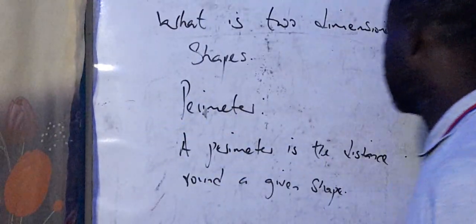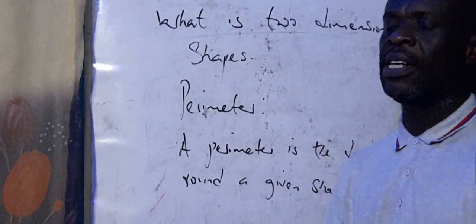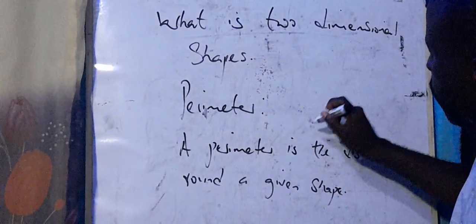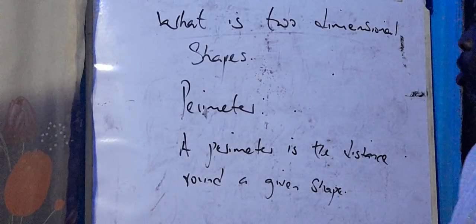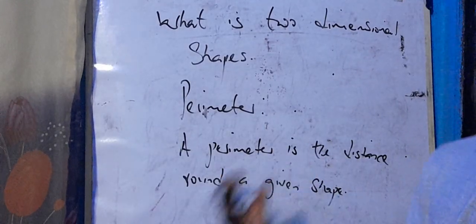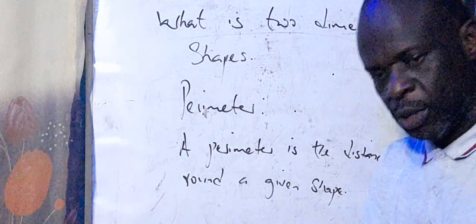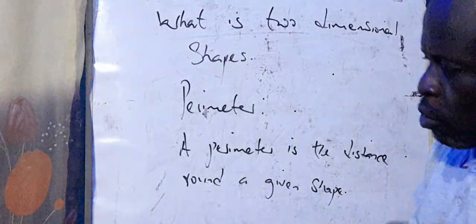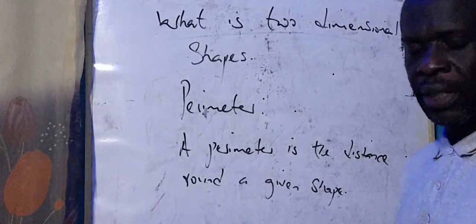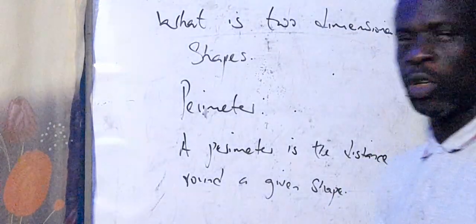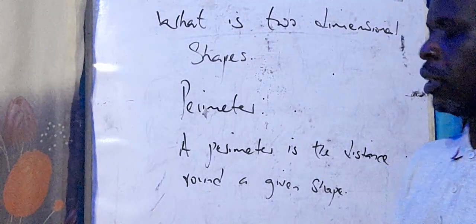How do we know distance? If you draw a line, a dot, or when we have two objects, the space between the two objects when you travel from one object to the other is called the distance.